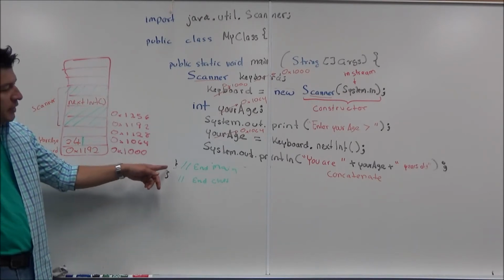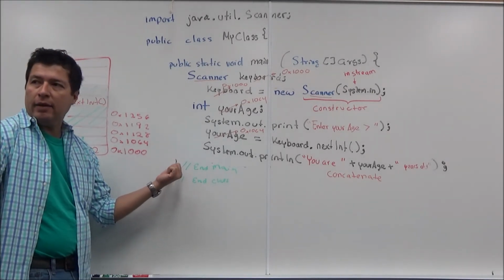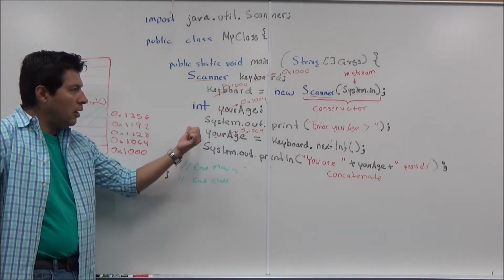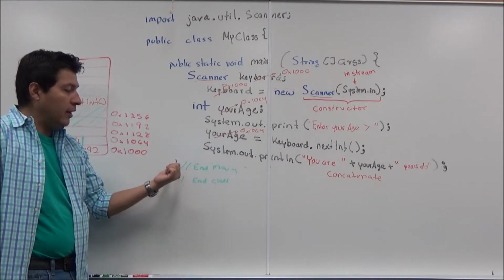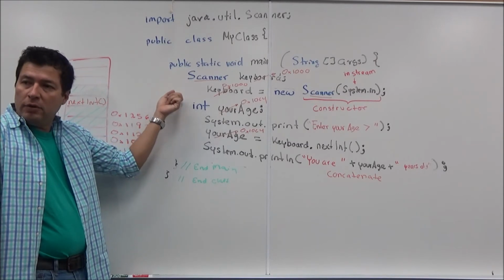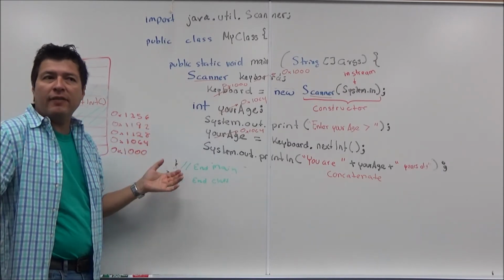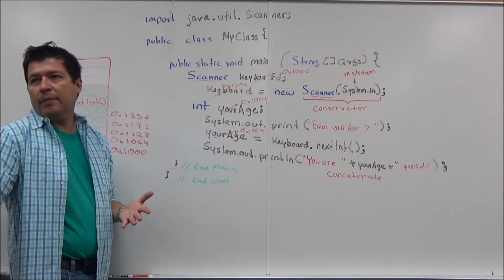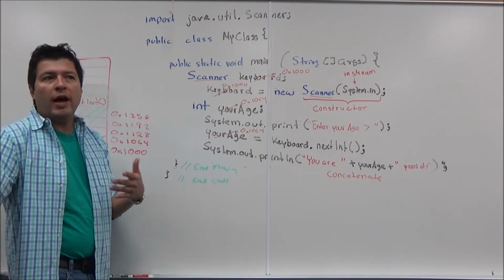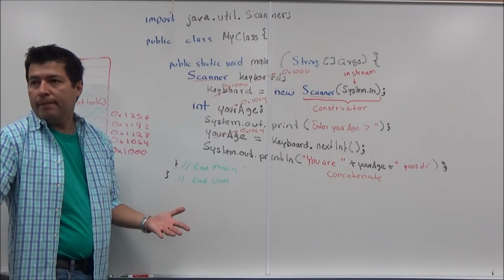So when it reaches the end, when it finds this curly bracket, the closing curly bracket of where you declare variables or allocated memory, all that memory is given back to the operating system to be reutilized for other programs. Otherwise, you will run out of memory.